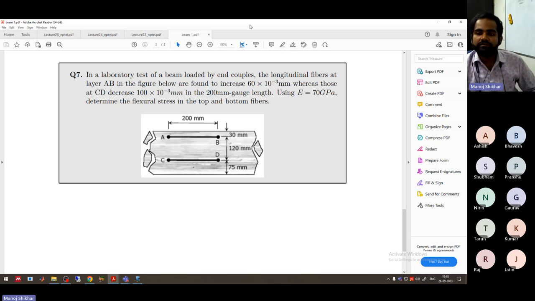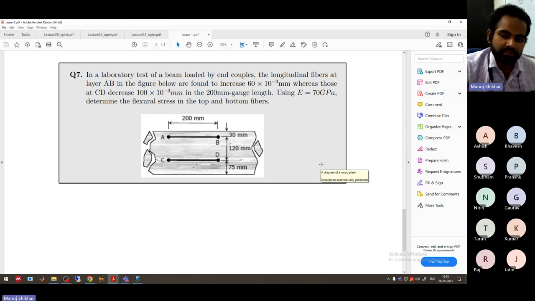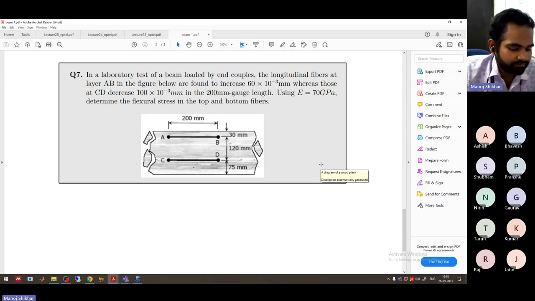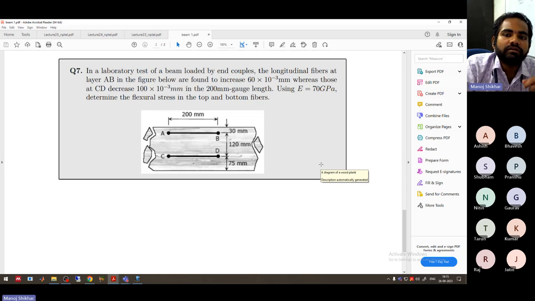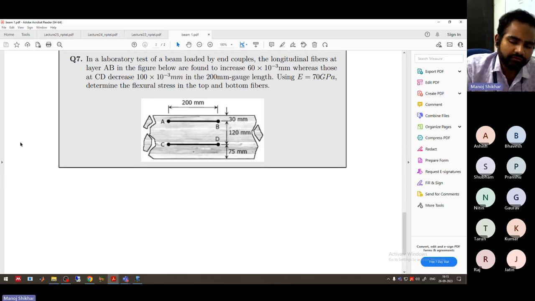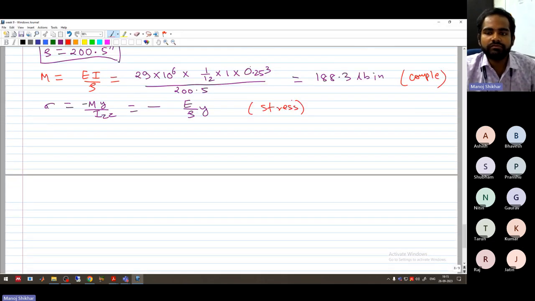Generally, if the cross section was symmetric, we would have assumed that the neutral axis will be at the center. But we don't know the cross section, so we'll have to find the location of the neutral axis. So let's solve this problem also. Question number 7.